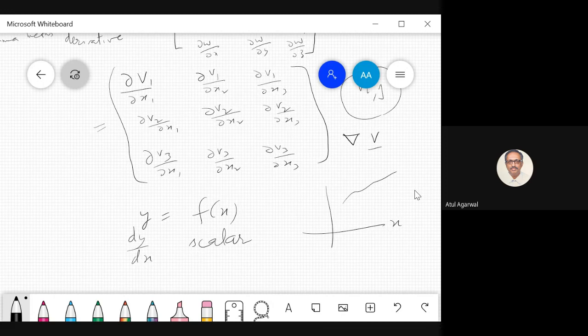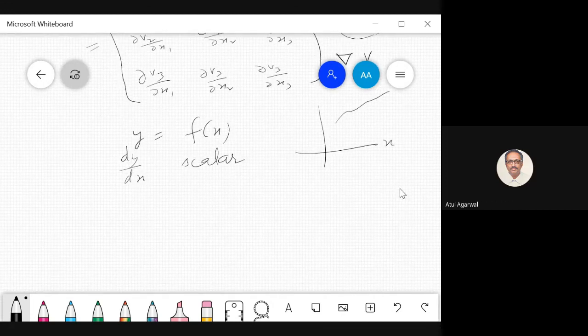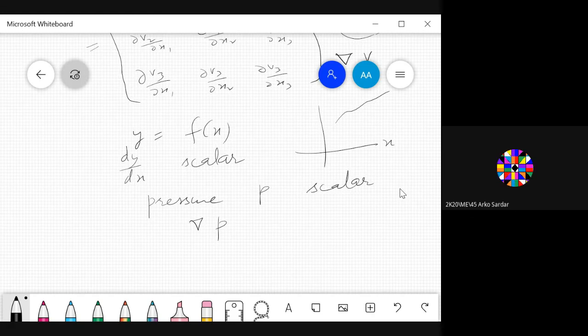It's a scalar. Yes. Scalar, sir. Now suppose I give you pressure field. Pressure is a scalar quantity. If I want you to find its gradient, what do you get? You get a scalar or a vector? You get a vector.